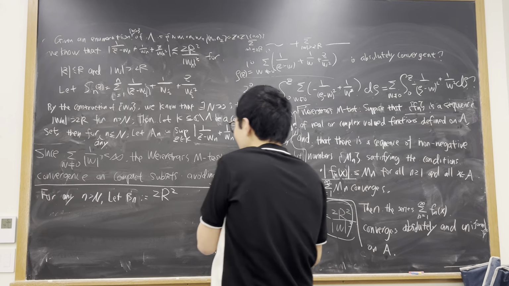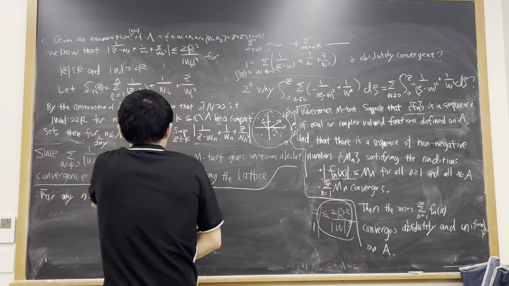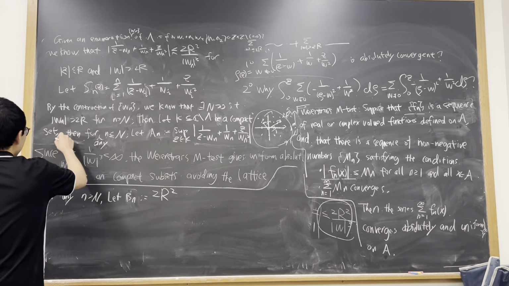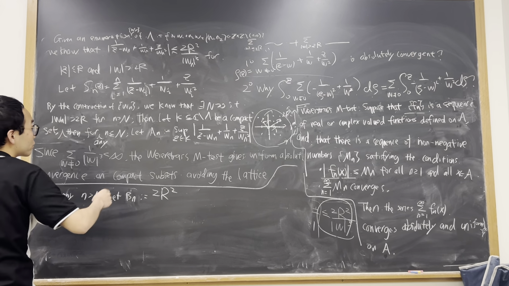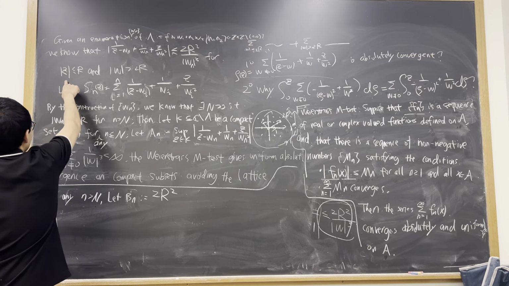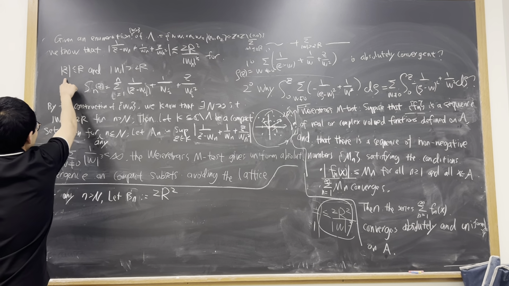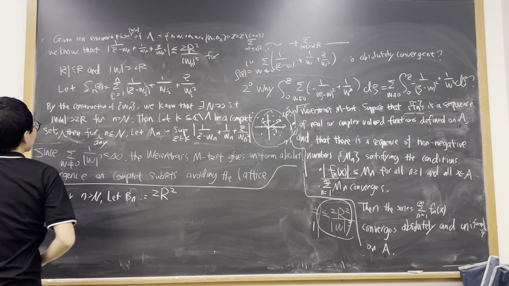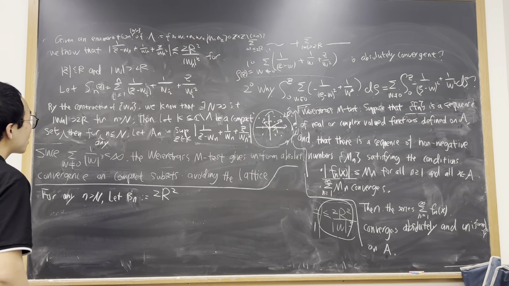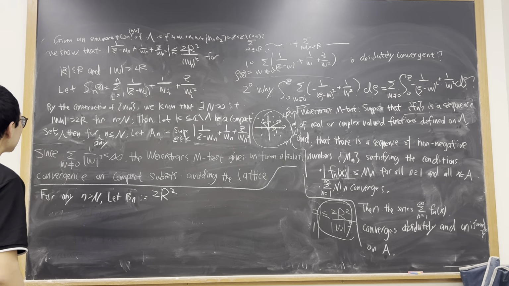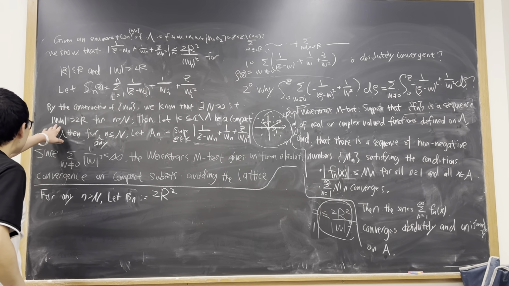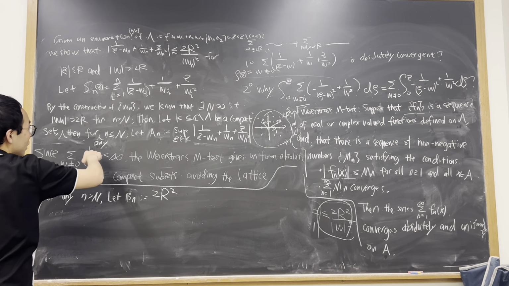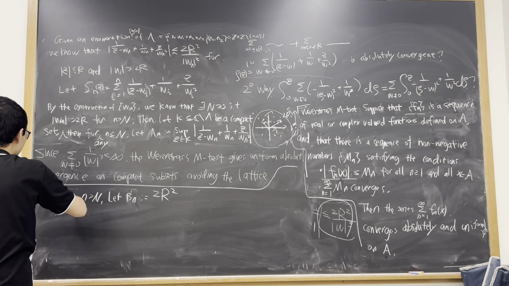Okay, maybe I think there is something wrong. We have a compact set, so maybe we want to pick this R to contain this K, right? Otherwise we won't have this condition, because this argument only applies when the modulus of z is less than or equal to this R. So we choose this N based on the radius.